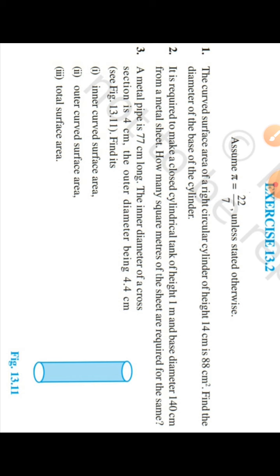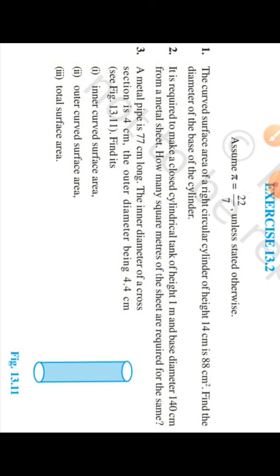Another important point. Say the last statement, how many square meters? So they want our area in square meter, not in square centimeter. So we have to convert 140 centimeter, or 70 centimeter radius, into meter only. Otherwise, you can change either way, meter to centimeter or centimeter to meter, but both should be in the same unit.